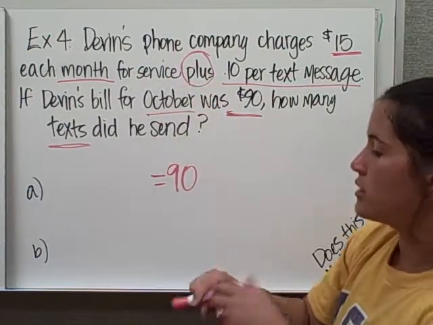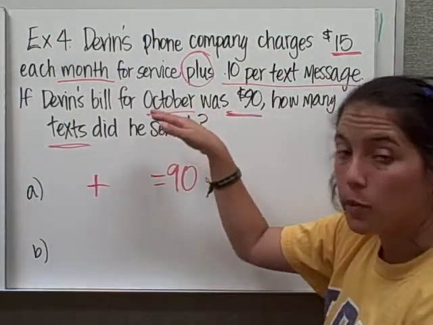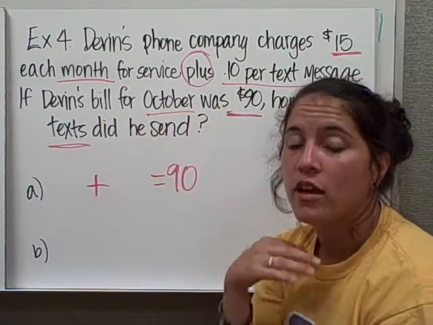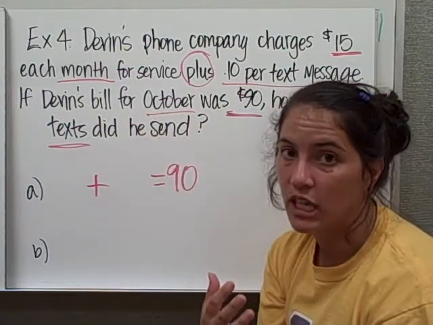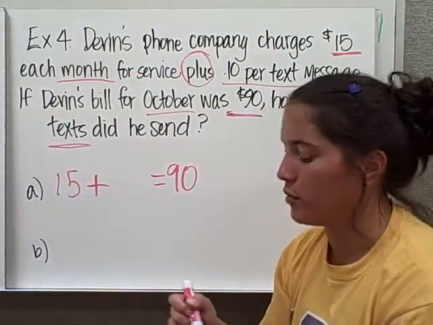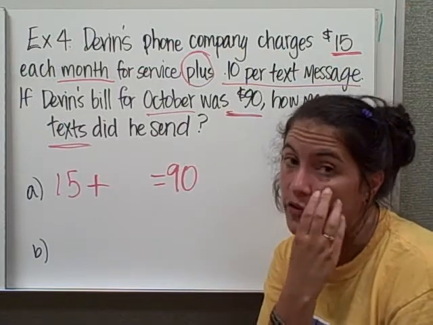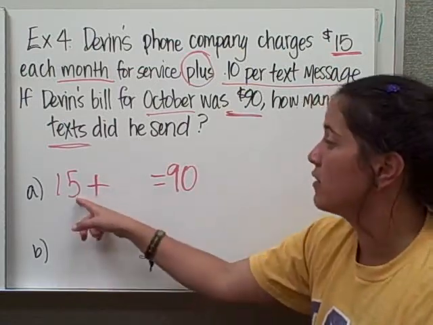And then we have a plus, so we know we're going to add the 2. For the month of October, that's just 1 month. So how many times are we going to put in 15? Just 1 time. So 15 is just in there. There's no variable. That's what we call a constant. It's just 15 because it's just 1 month of October.